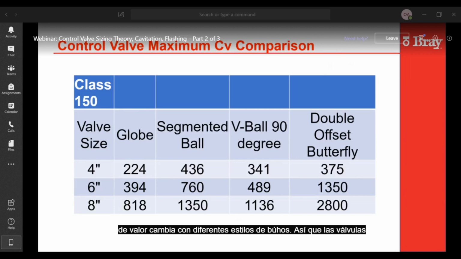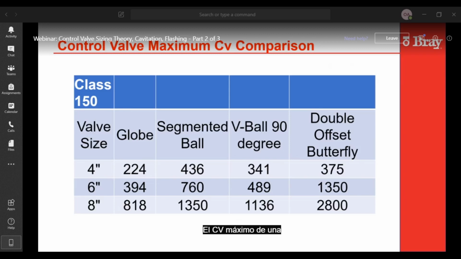So the larger valves, obviously, depending on the valve type, can pass a lot more fluid than smaller valves, and rotary valves pass a lot more fluid than globe valves, because the globe valves have that turn through the trim. So here's a comparison. You've got a 4-inch valve. The maximum full open CV of a globe control valve would be 224.